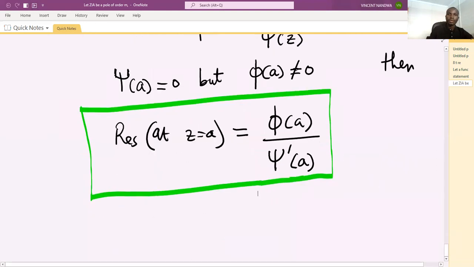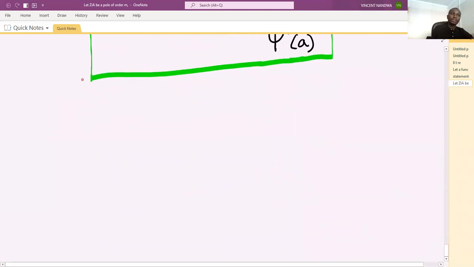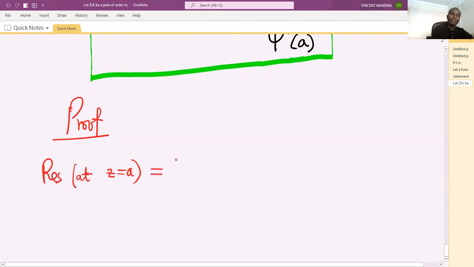So proof of this. Residue at z equals a is given by limit as z approaches a of z minus a times f of z.